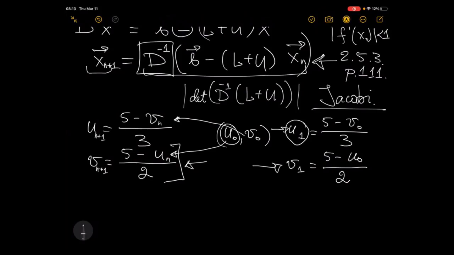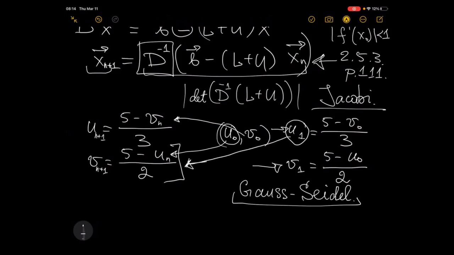So the idea of the Gauss-Seidel method is the following. In the Jacobi method, let us use here not the old approximation, but everything which we obtained before.